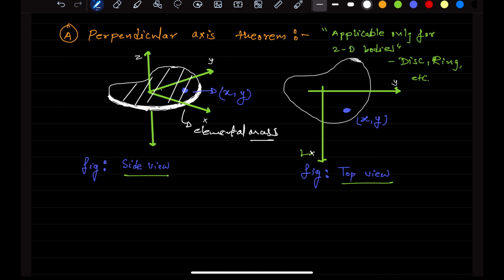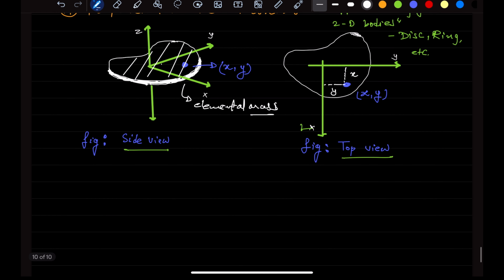If you look in the top view, this is the x-axis, this is the y-axis, and the perpendicular distance from the x-axis will be the y coordinate, if this body is a planar surface, right? And the perpendicular distance from the y-axis will be the x coordinate for a body lying in the xy plane, right? Okay.